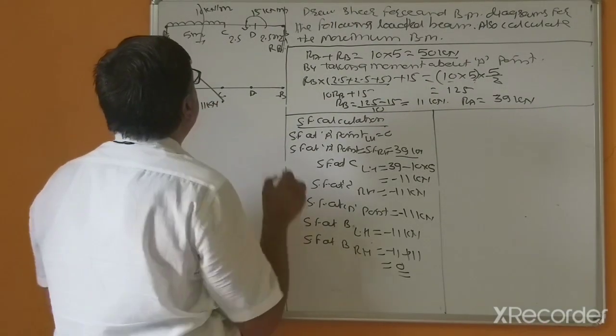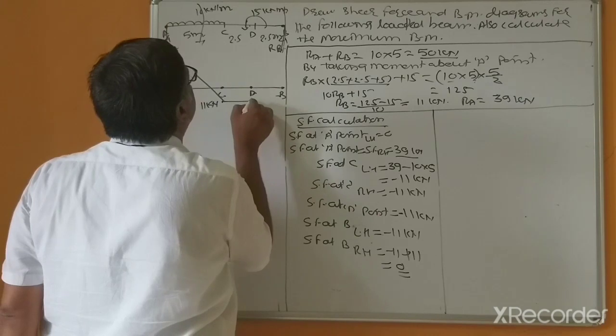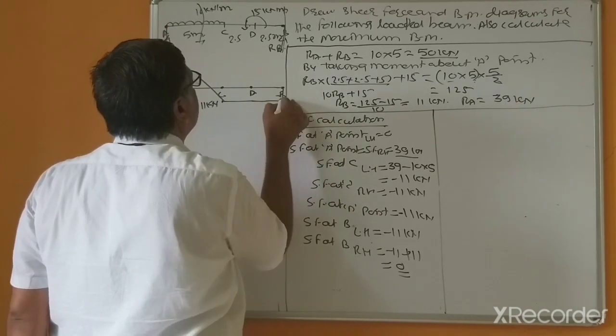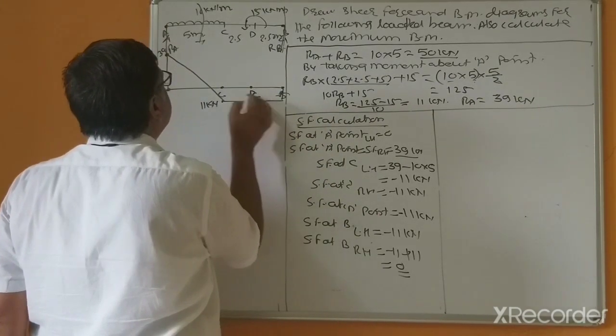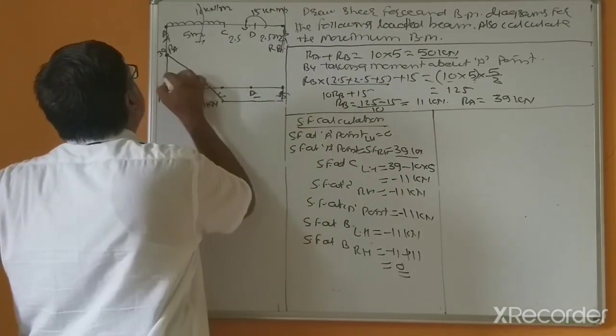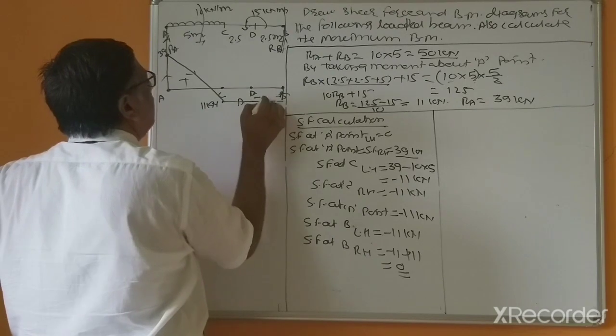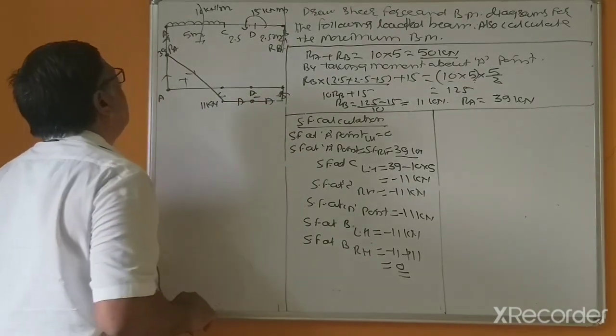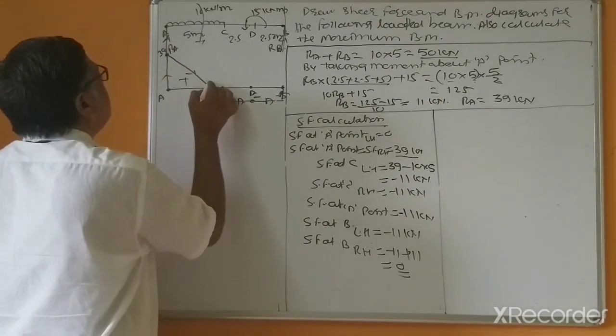From C to D 11, D to B again 11, and this is your shear force diagram.